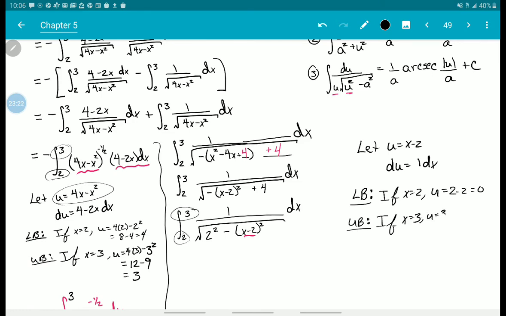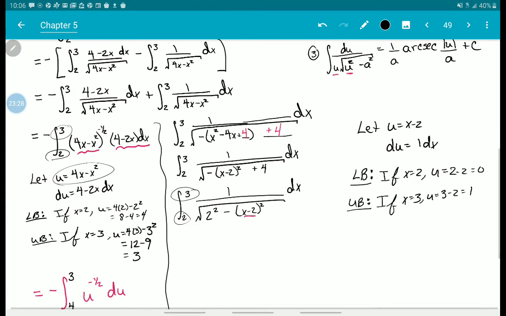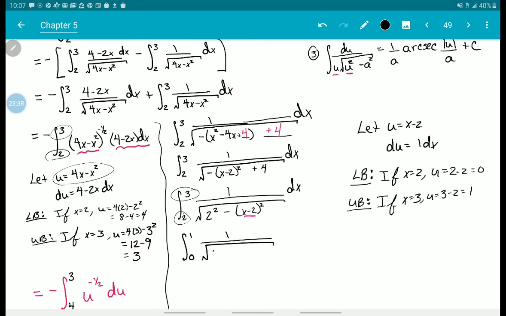Then u is going to be 3 minus 2, which is 1. So let's make that u substitution, and I'm going to do that here. Lower bound is 0, upper bound is 1. So this is 1 over the square root of 2 squared minus u squared du.